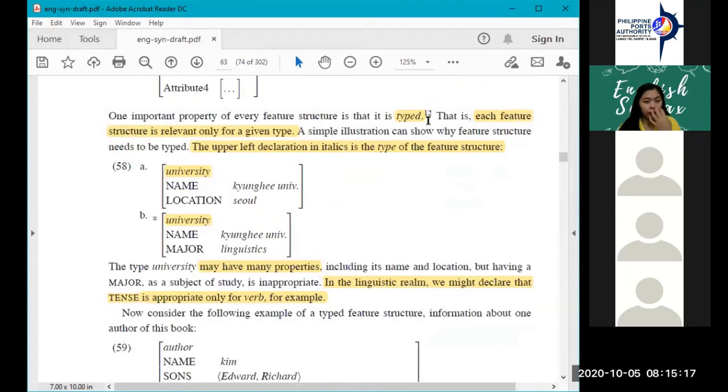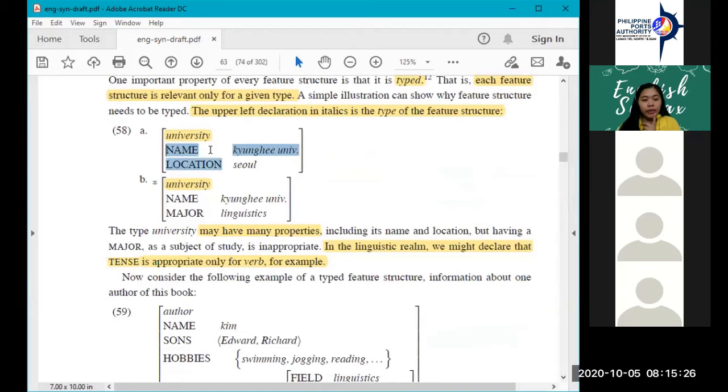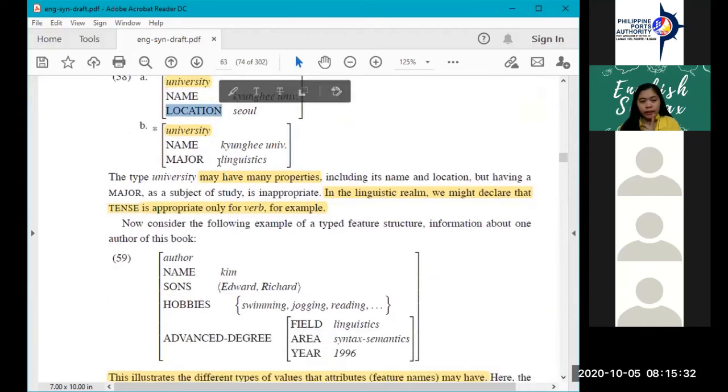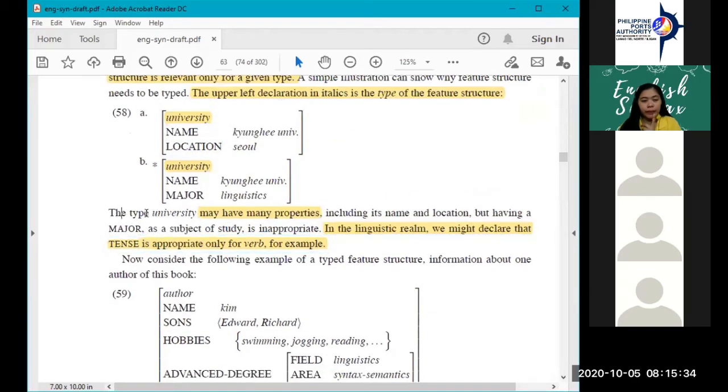It should indicate, for example, if it's a verb, what the verb is, and so on. And these are the attributes, guys. The name is an attribute. Location is also an attribute. So, for example, the type university has many properties, including name and location, but having a major is inappropriate.